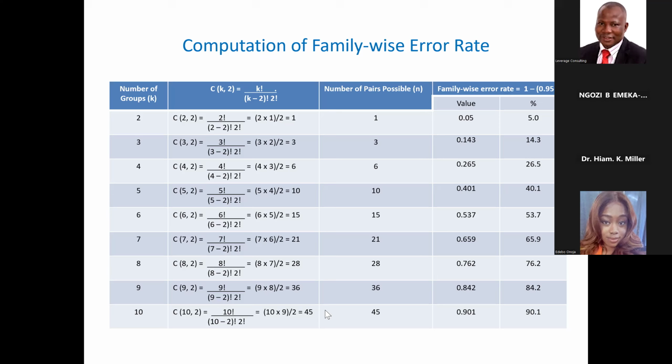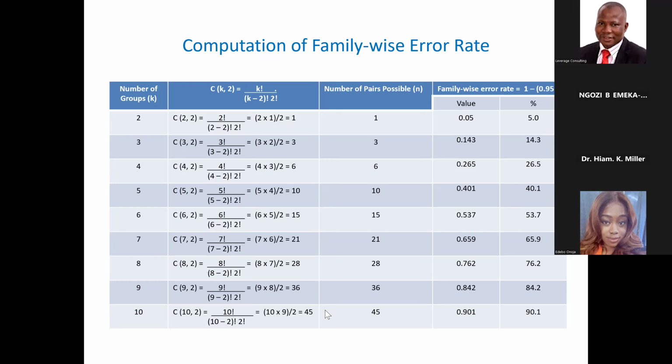If it is 6 tests you did at the same time, it has increased further. If it is 10 tests you did, it increases again. Can you see now? As the number of groups and the number of pairs increases, your probability of committing type 1 error increases. That's what we call family-wise error.